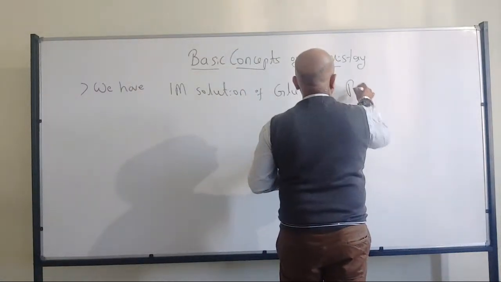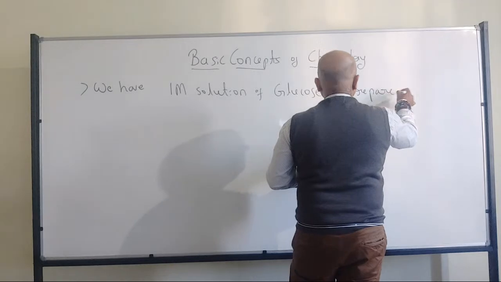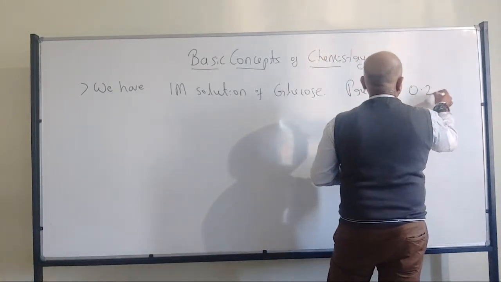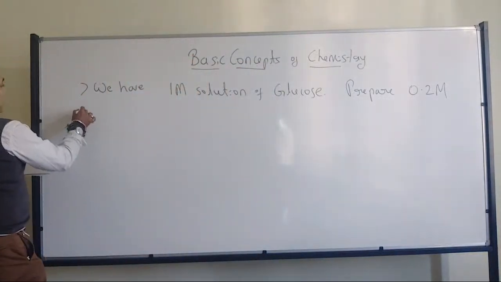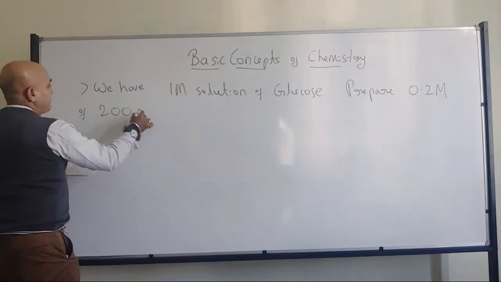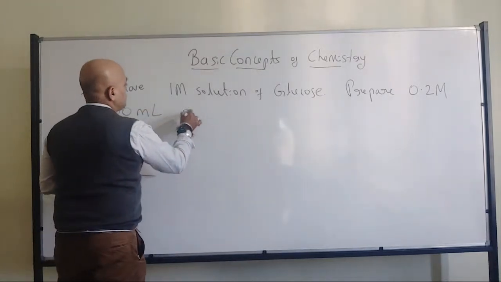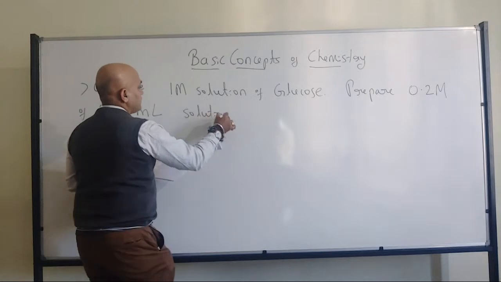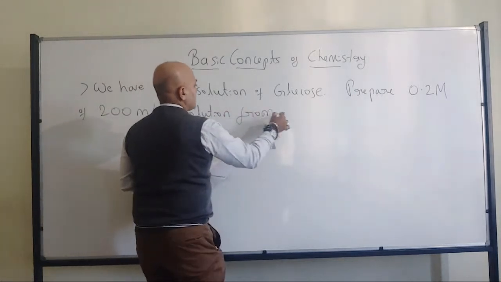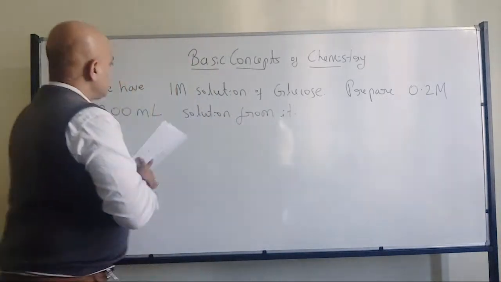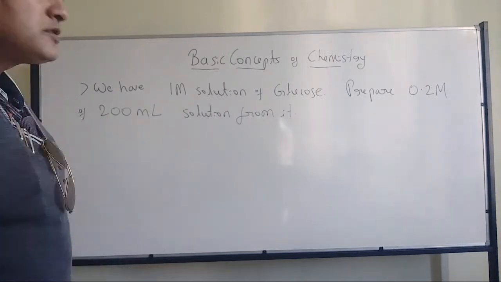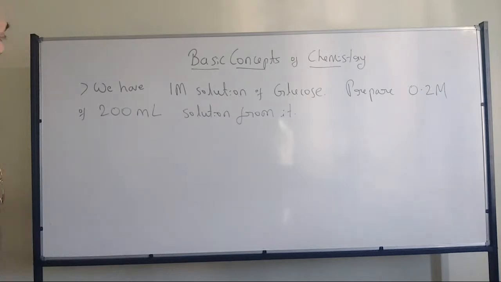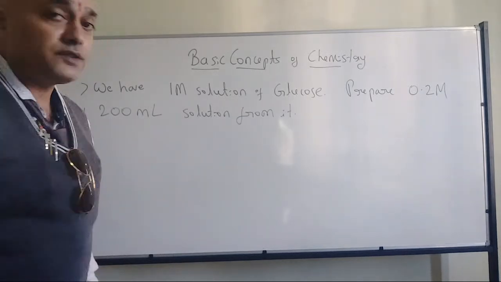Prepare 0.2 molar of 200 ml solution from it. Okay? So once again I will repeat. It is related to molarity only. We have 1 molar solution of glucose. So prepare 0.2 molar of 200 ml solution from it.